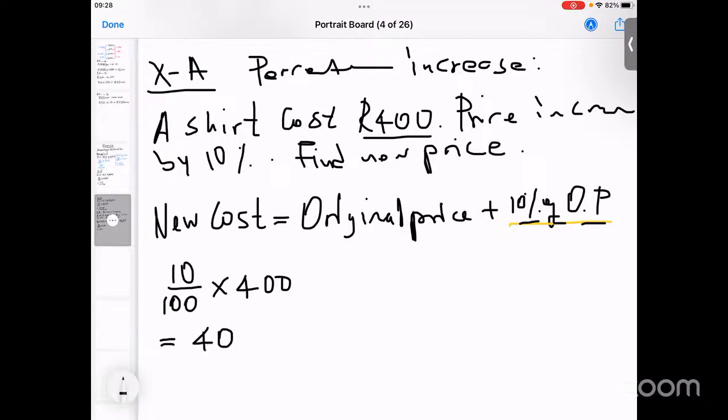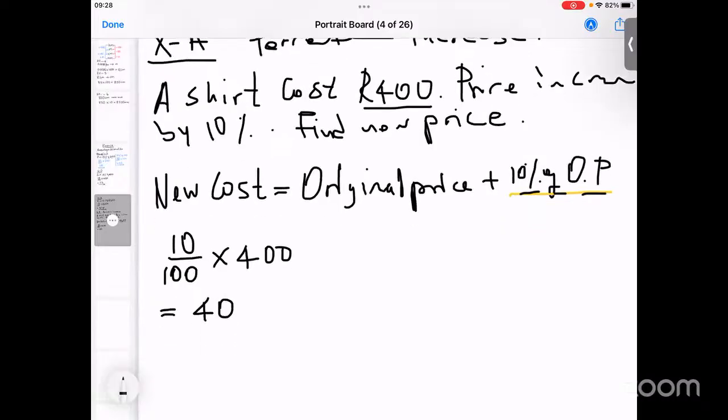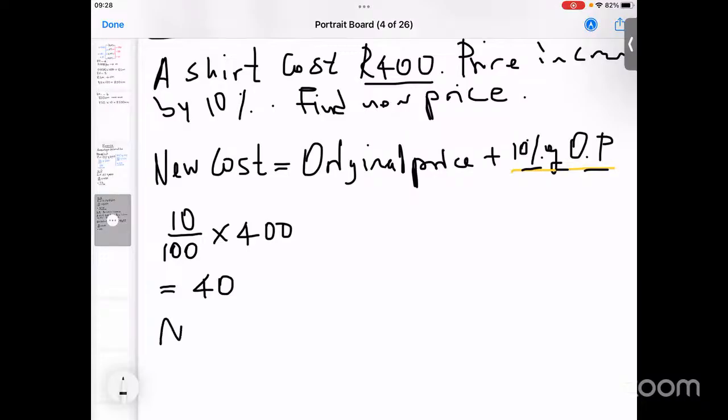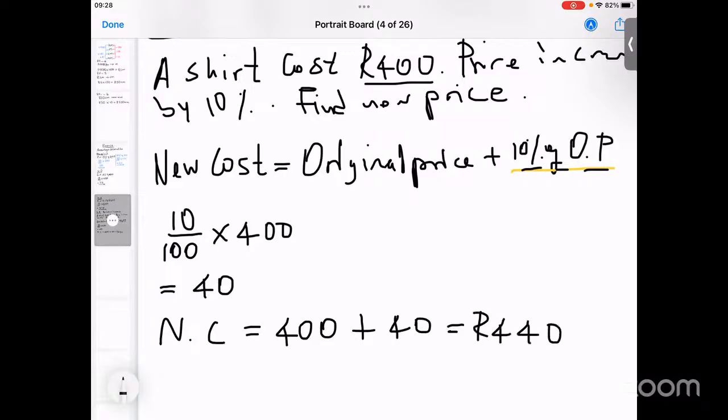So it therefore gives us 40 rands. So now we can calculate the new cost. So that means the new cost will be equal to the original price, 400, that we add 40, and that means the new price is going to be 440 rands. So that's how you calculate a percentage increase.